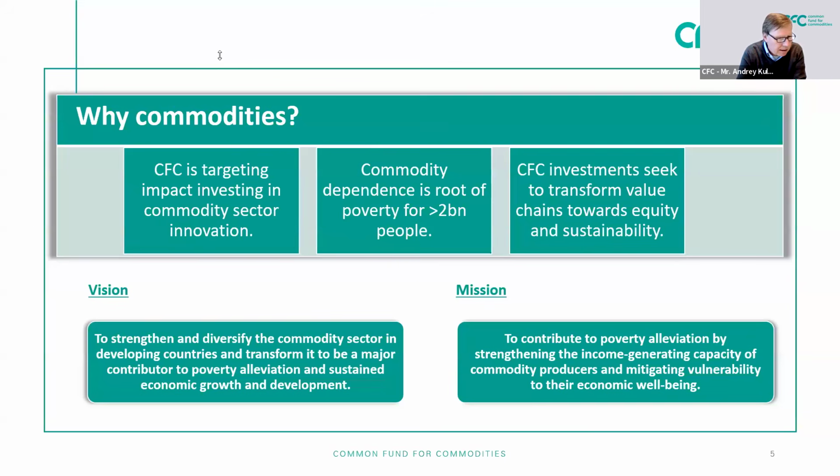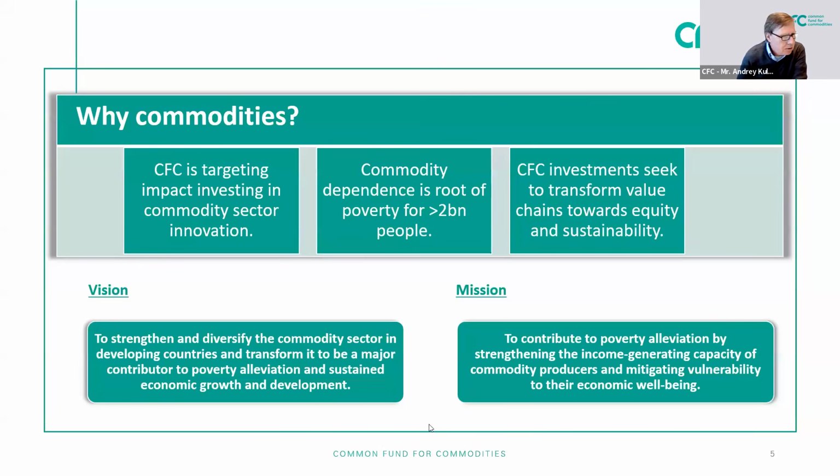That means that our typical projects aim to make sure that all the people involved in a commodity value chain can get a fair compensation for the contribution they make to the global economy by producing and trading and processing commodities. So the vision of the CFC is that the commodity sector can play a significant role in global development, in poverty alleviation, and sustainable growth.